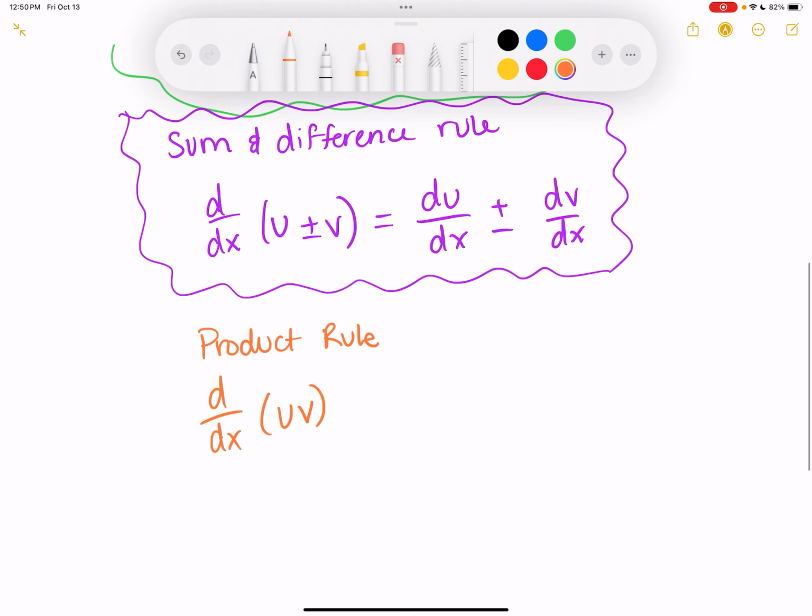So the derivative of this is u times the derivative of v, so dv dx, plus v times the derivative of u, so du dx. So it's the first times the derivative of the second plus the second times the derivative of the first.